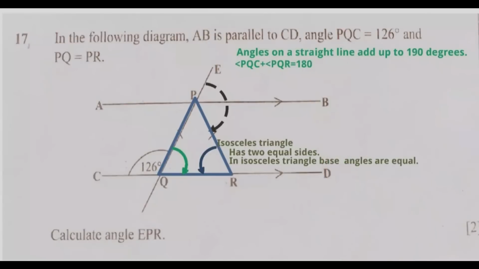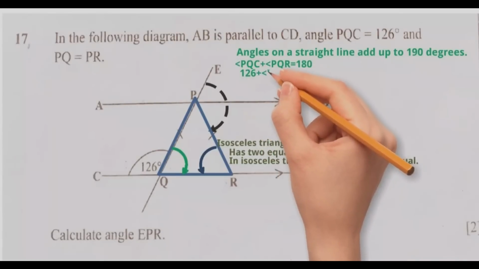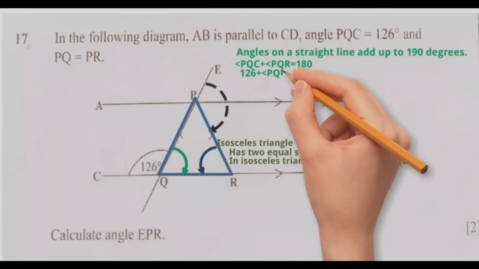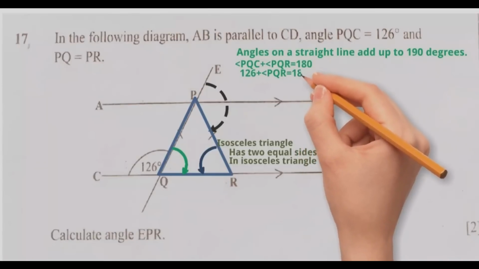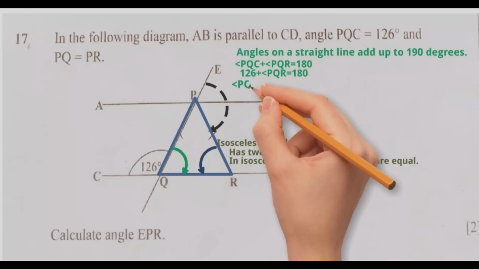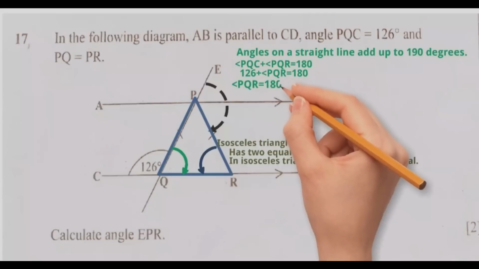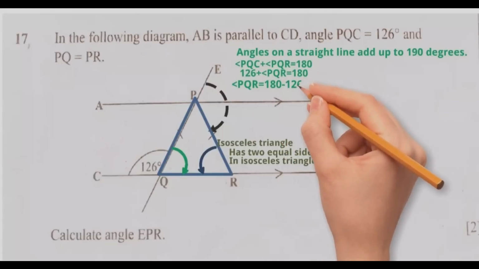Okay, so what is the value of angle PQC? It is 126 degrees plus angle PQR, which is not known, is equal to 180. So what we do now is we put like terms together. So we say angle PQR is equal to 180 degrees minus 126 degrees.